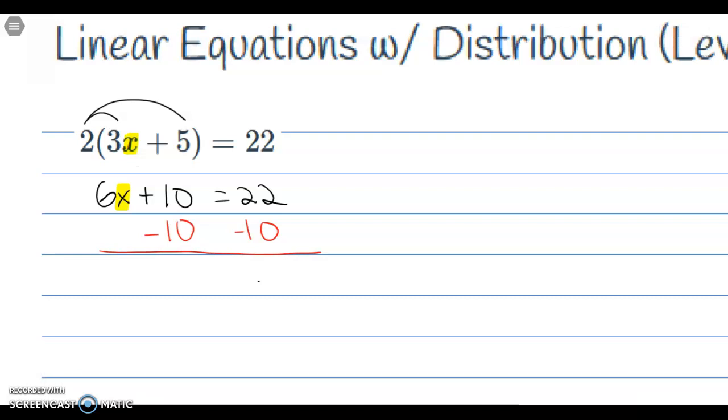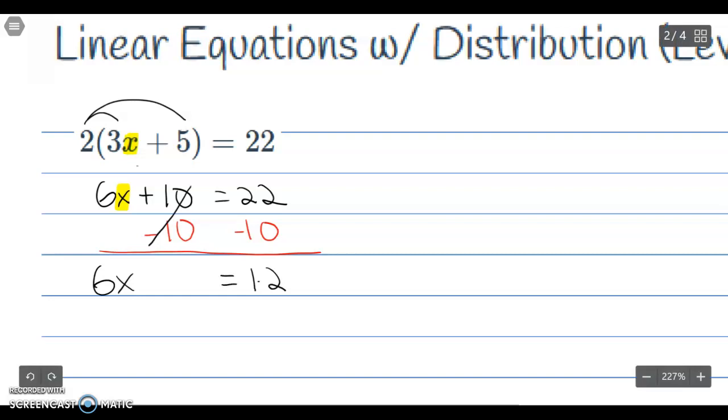Now that's going to cancel out here, and then I'm going to bring down the 6x. And then 22 minus 10 is going to get me 12. Now I'm going to continue to isolate this variable and divide by 6.